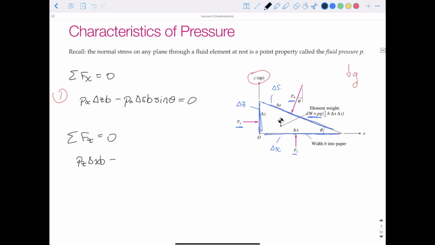So we have minus Pn times the area, which is delta S times B, times the cosine of theta. And then the last force is just the weight due to gravity. And that weight, dW, is equal to 1/2 rho g times delta X, delta Z times B. And this is all equal to 0.